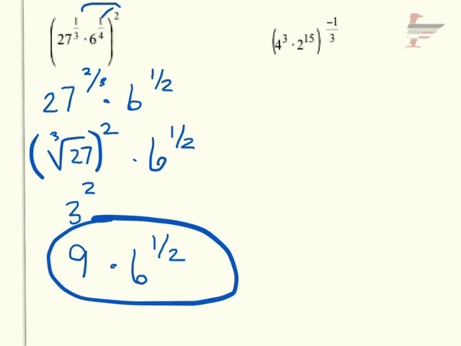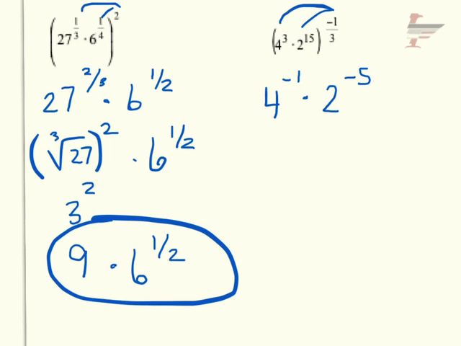Over here, not like bases and not like exponents, so I'm going to distribute that exponent through. If you thought about doing this, this is 2 squared, so you could make that 2 squared cubed, which would be 2 to the 6th, but if you did that, I just want to let you know that's fine. So negative 1/3 times 3 is -1, and 15 times -1/3 is -5.